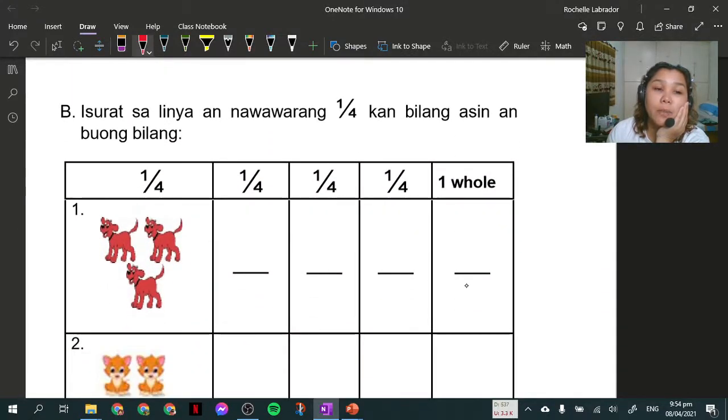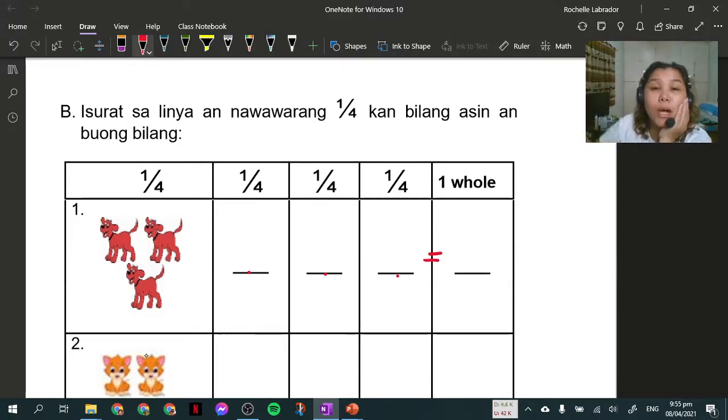Okay? For part B, isurat sa linyang nawawarang 1/4 kan bilang asin ang buong bilang. So, this time, so tatlong 1/4 ang kulang. So, to make it 1 whole. So, may clue na. The first set will serve as your clue para you would answer how many for the second 1/4, how many for the third 1/4, and how many for the fourth 1/4 para mabilang mo ang 1 whole.